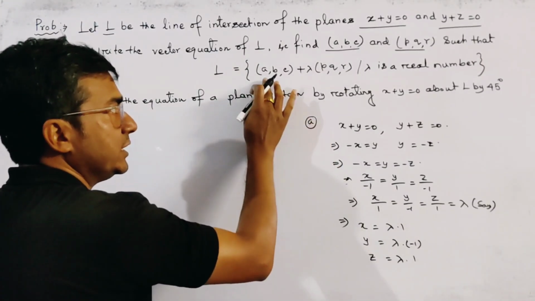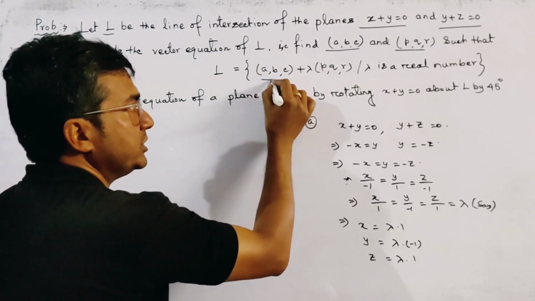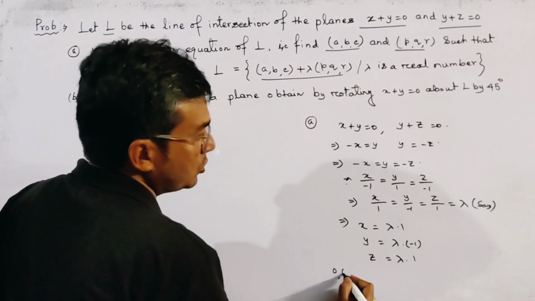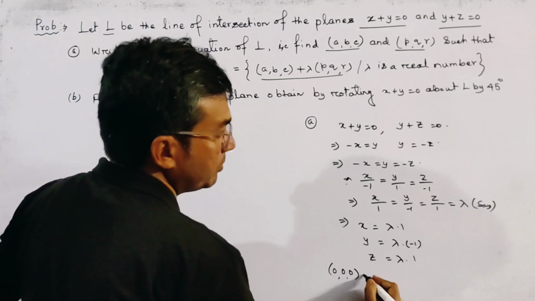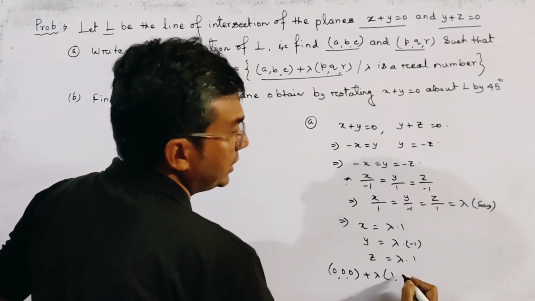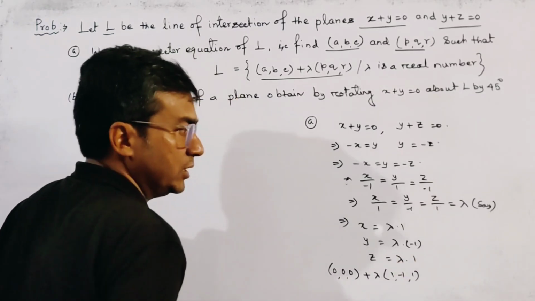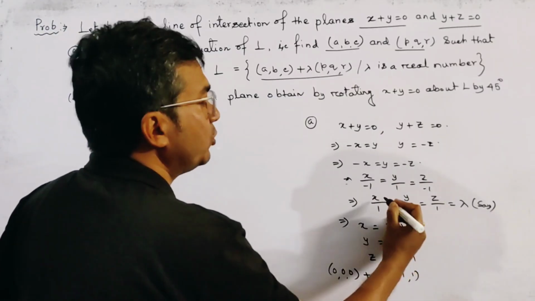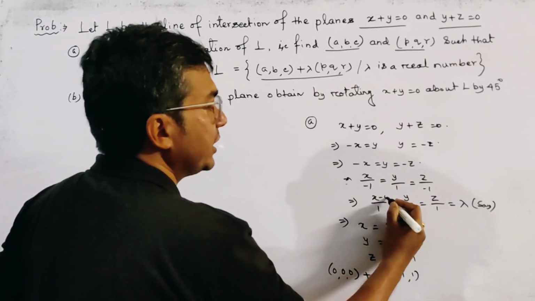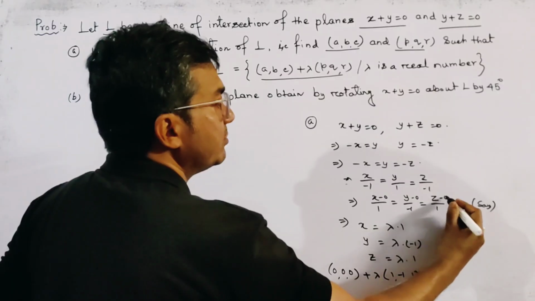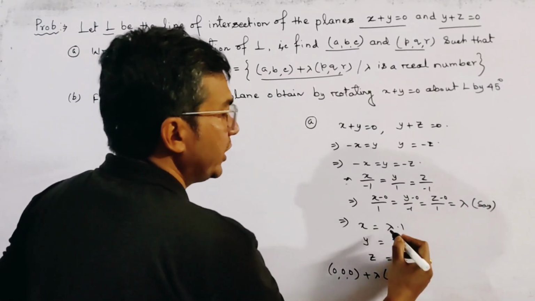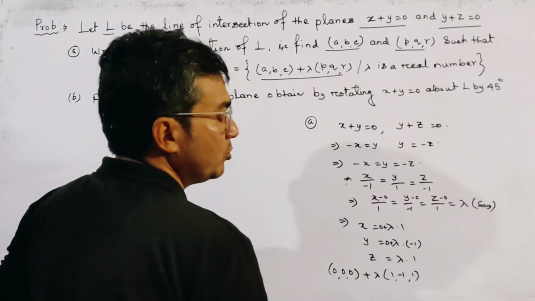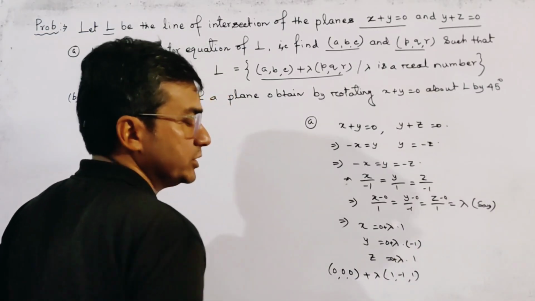So we write the equation of this line as (0, 0, 0) + lambda (1, -1, 1), because this straight line passes through the origin; if we write it in the form x minus 0, y minus 0, z minus 0, it is 0 plus lambda times each of these.